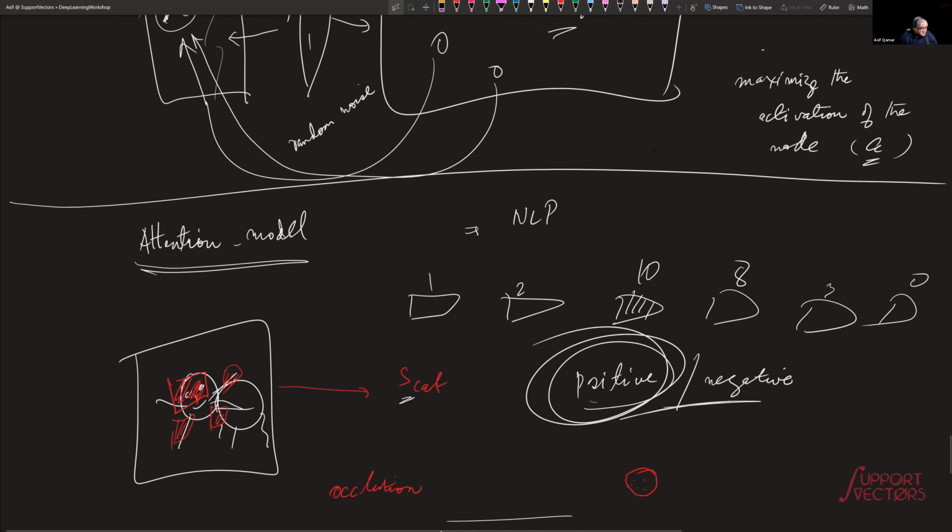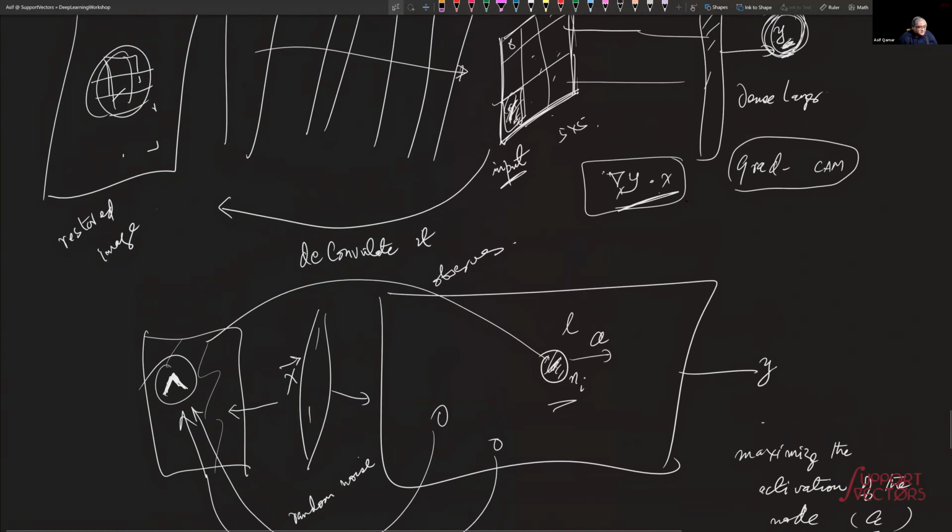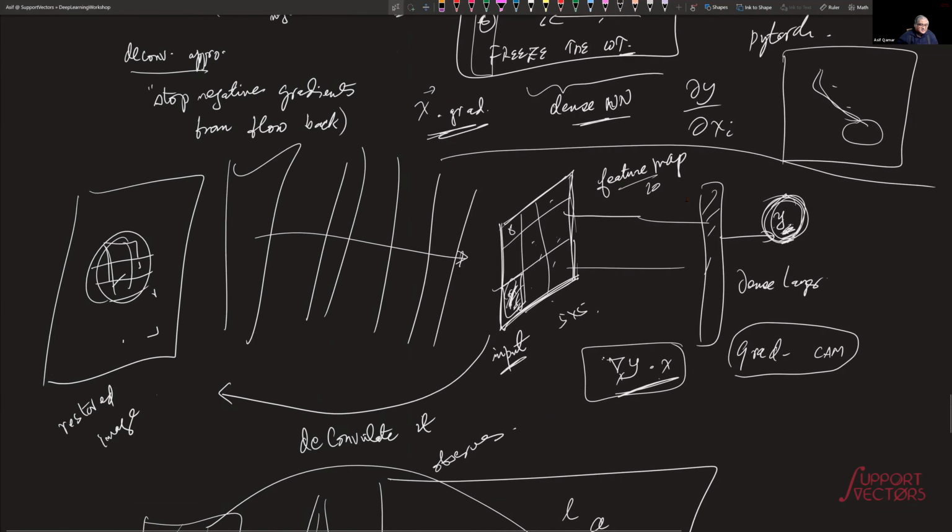Yeah, that's the Grad-CAM, the activation map with gradient. What you do is you look at the last conv layer.